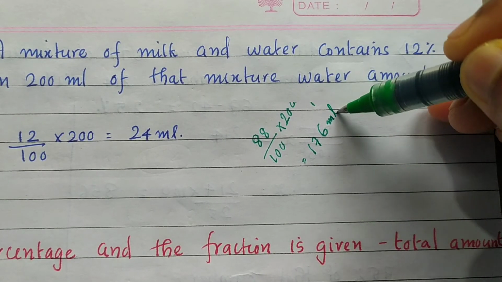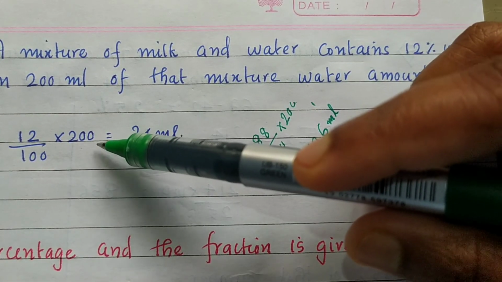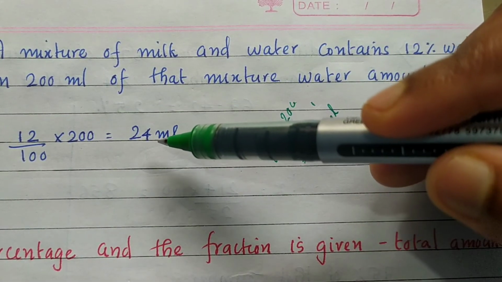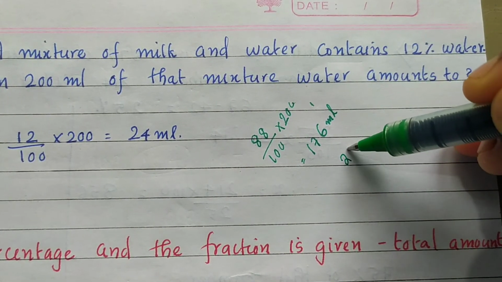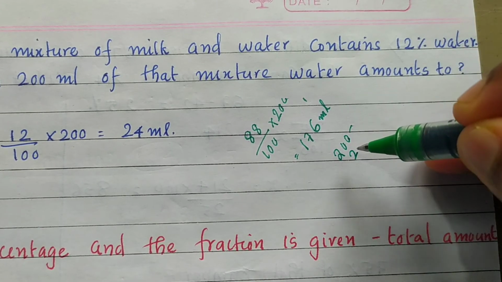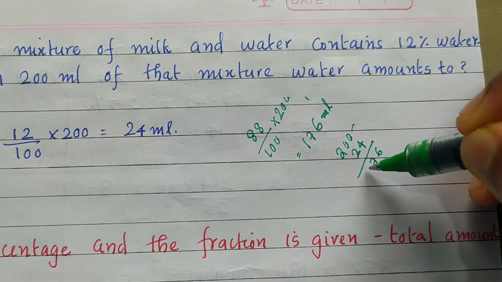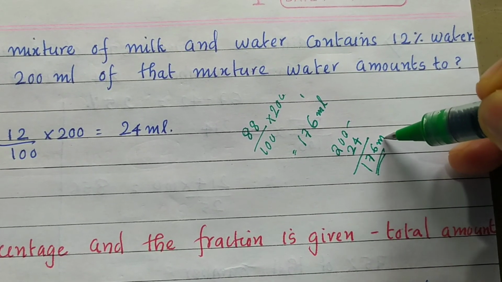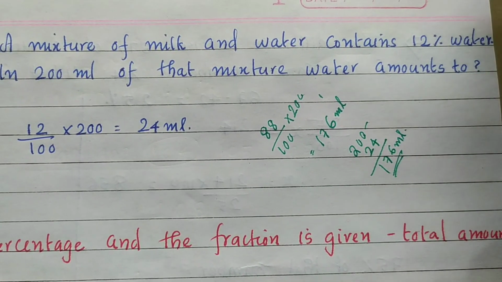Or simply we can find it out from here also. Total amount of the mixture is 200. We got the amount of water as 24 milliliter. So 200 minus 24, which is equal to 176. In this way also we can find out the amount of milk.